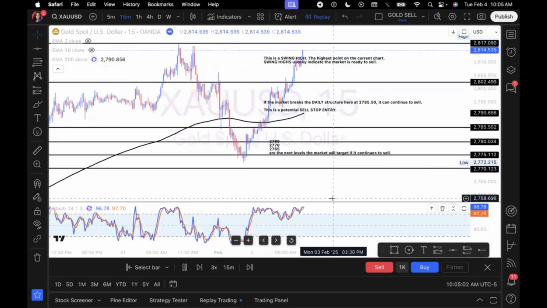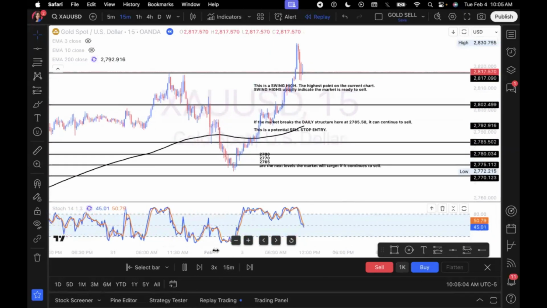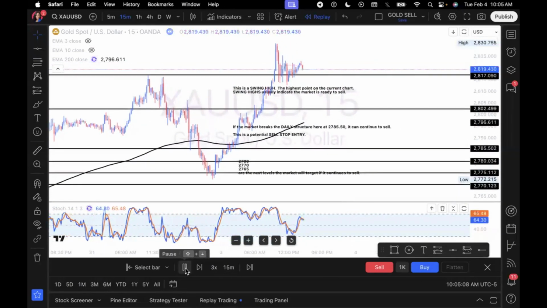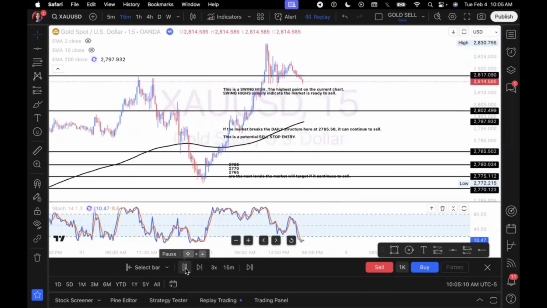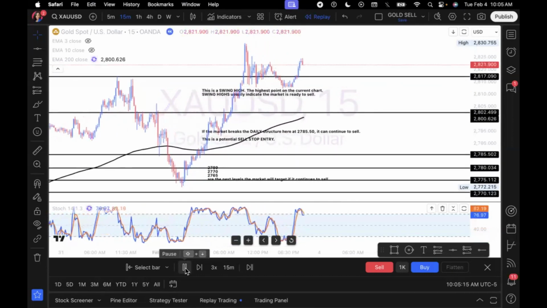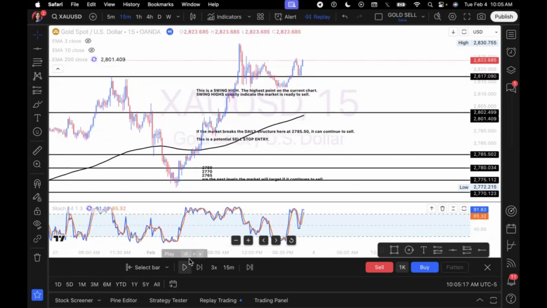Now, I want you guys to pay attention to where the market is actually going because as we can see, a new high has been formed on gold, and this is actually a new all-time high. So the market did exactly what we thought it was going to do. I'm glad that we were able to secure some profit in this trade, at least 1,000 pips.